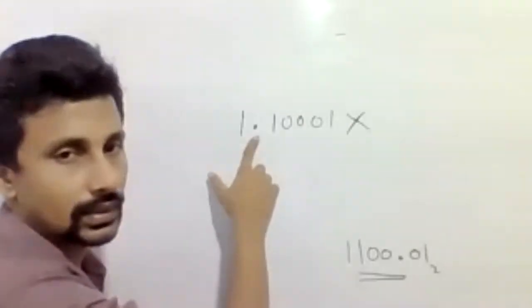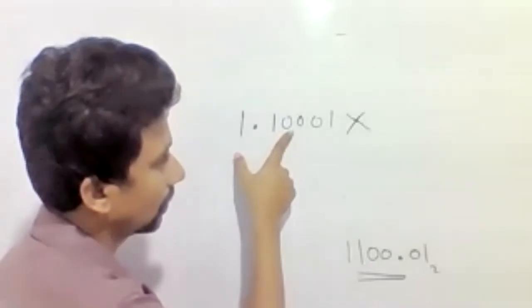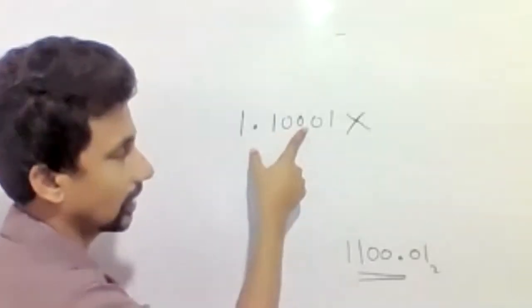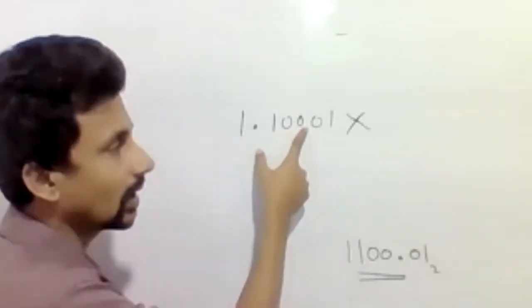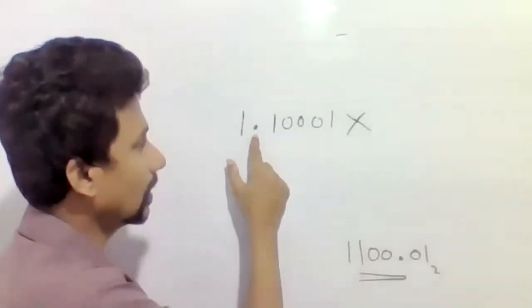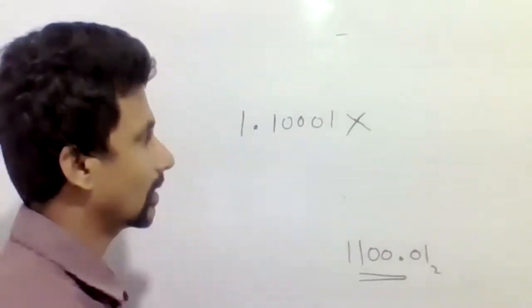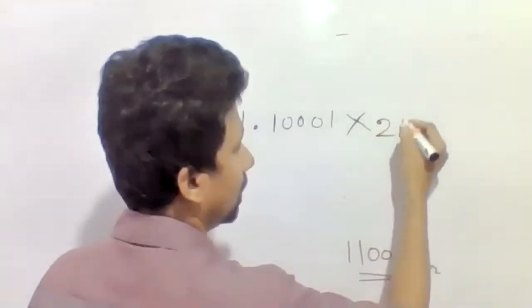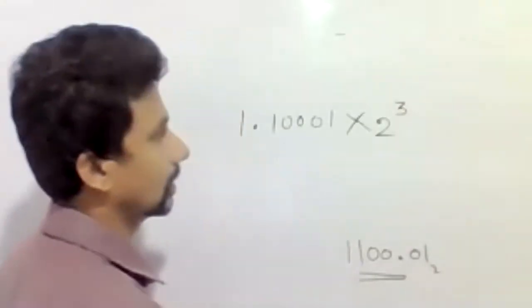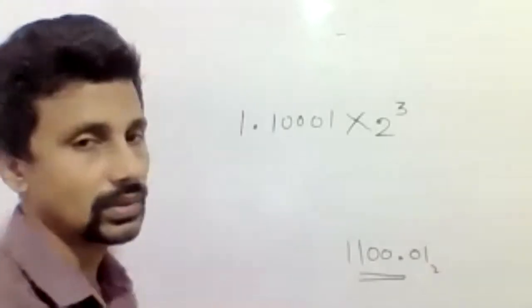Now I am here. So 1, 2, 3. Three times I have to go, then only I am getting the original one. I can take this value by passing this decimal point to the right side 3 times. So I can write 2 to the power 3. That's how you put it in standard form.